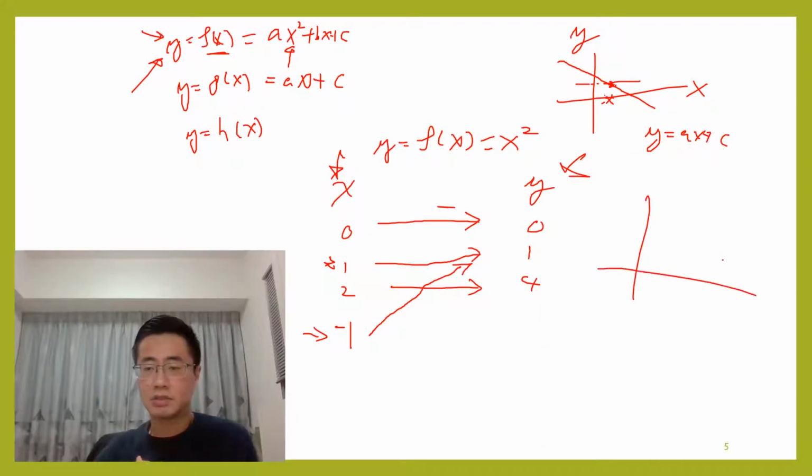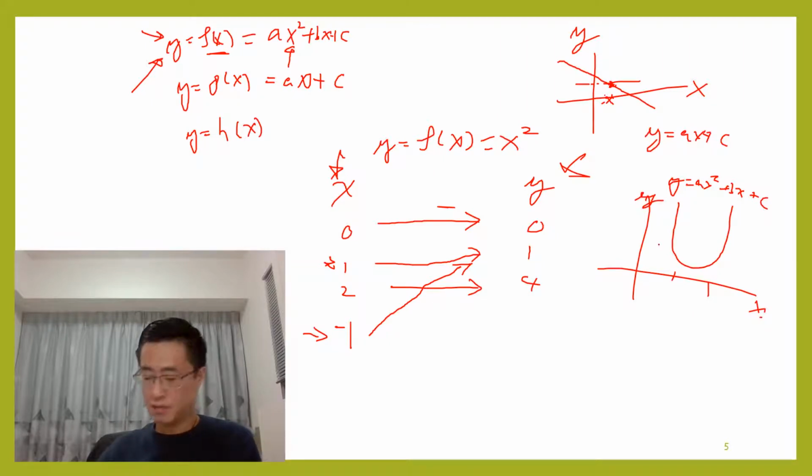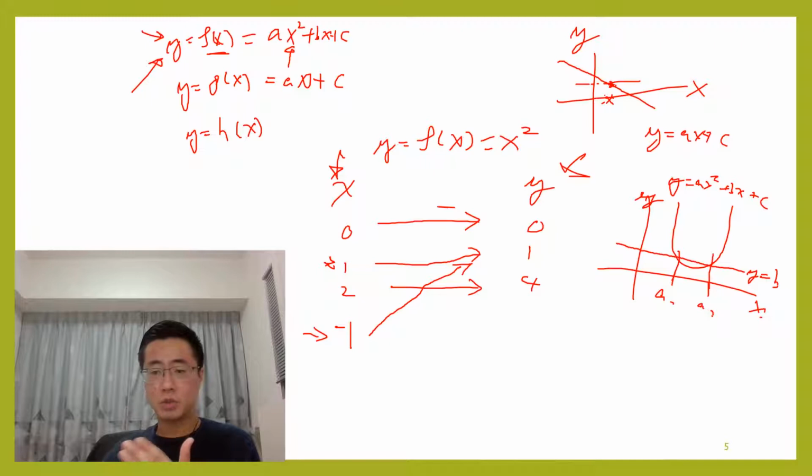Similarly, if you look at the quadratic function, say y equal to ax^2 + bx + c, you can have two different real values for x that give rise to a single value for y. Say for example, y is equal to b, you have two different real values, a1 or a2.